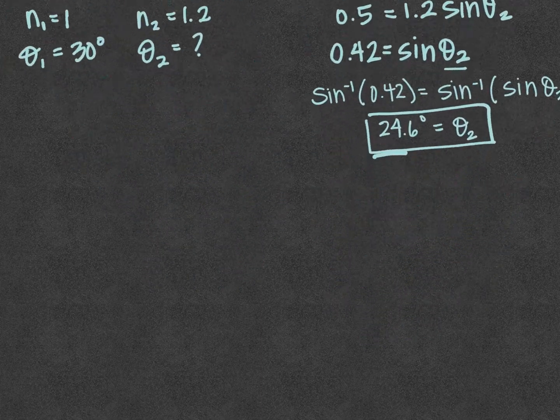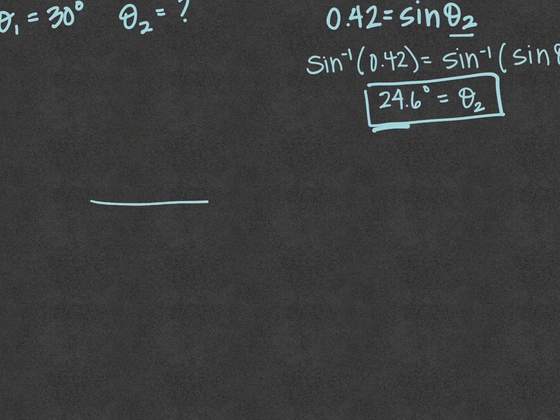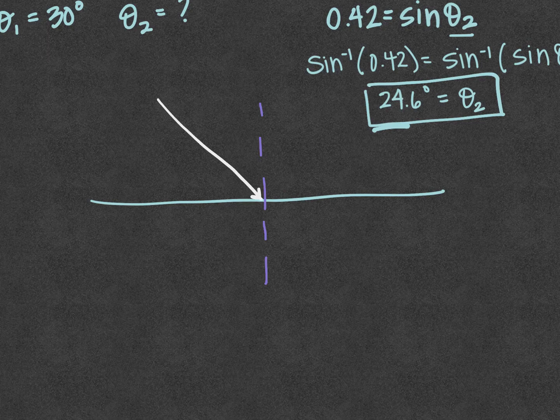So what would that look like? As the material is here, put a normal line through like this. We'll have our ray of light comes in and strikes the surface here, and this is our 30-degree angle. And then the light bends to make a 24.6 degree angle.